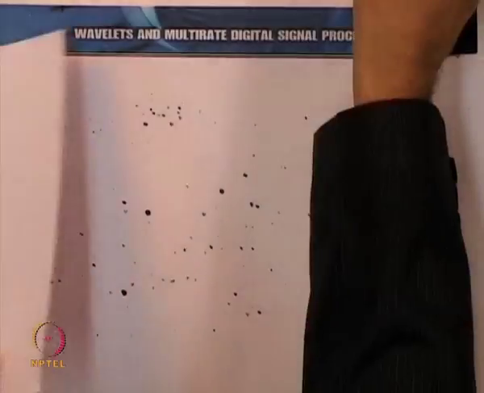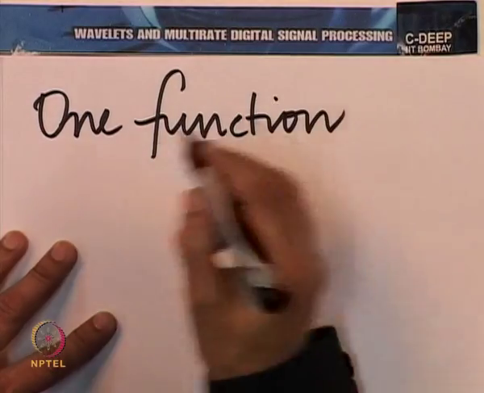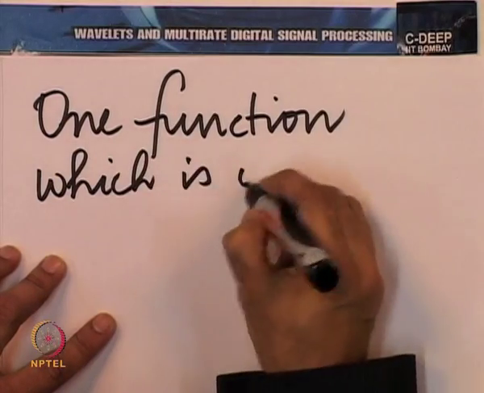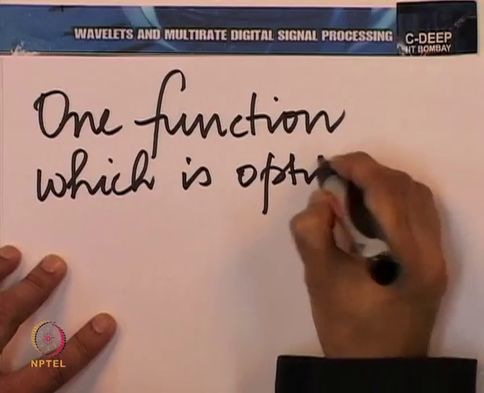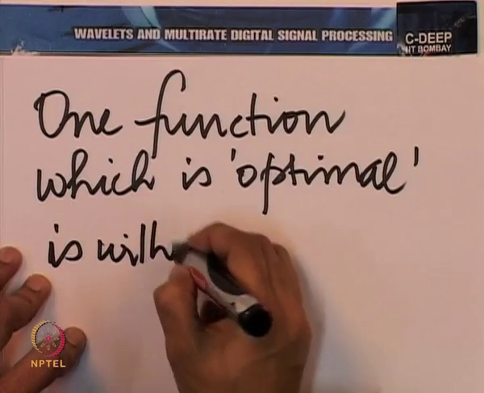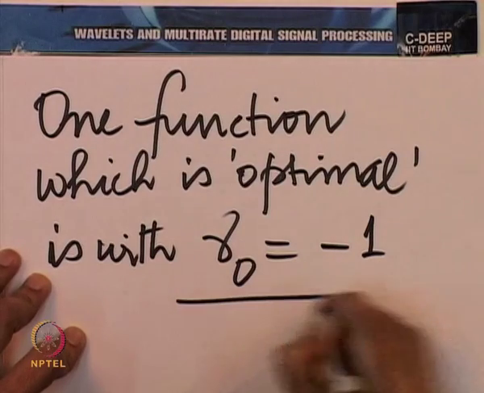So, in other words, one function which reaches the lower bound, which is optimal in this sense, is with gamma 0 equal to minus 1.